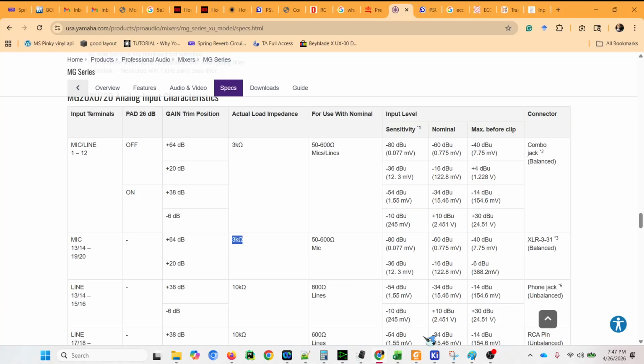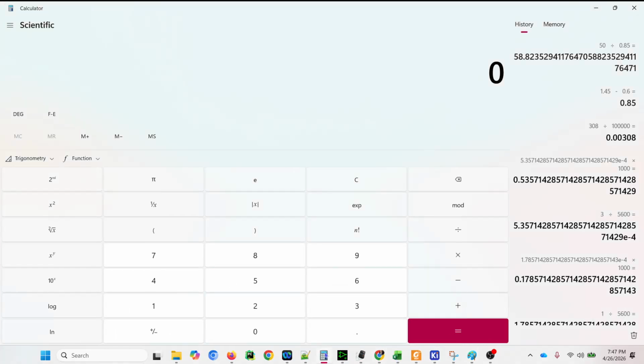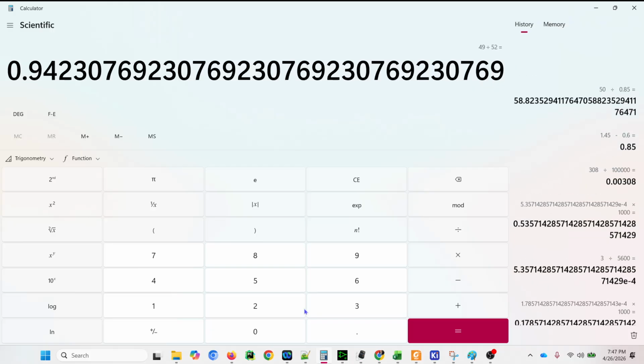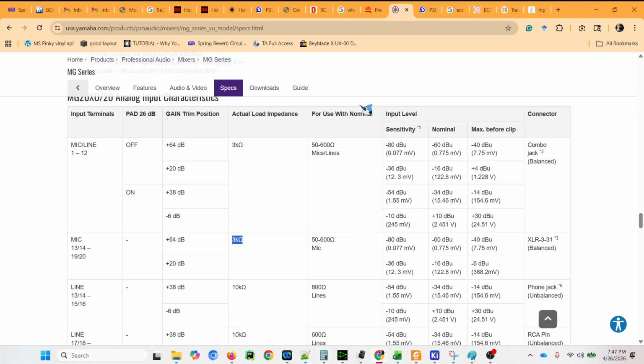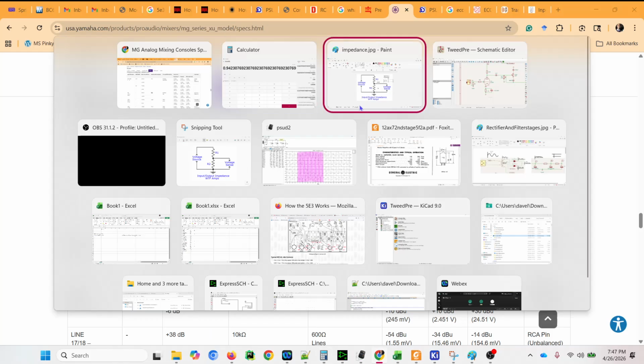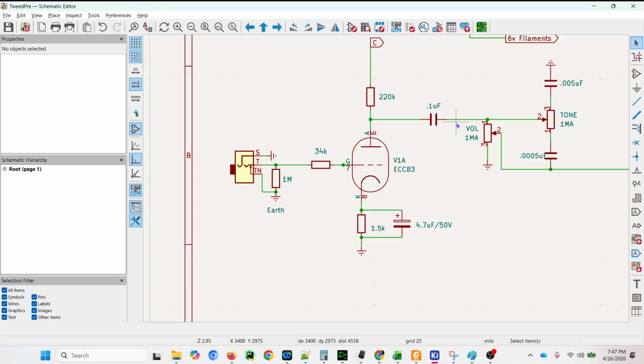Let's go into the calculator and calculate that. So 49 over 52 gives us the percentage of loss that we're going to have when we connect this device to our mixing desk. We're going to lose 94% of our signal because the output impedance from our tube preamp is so high.